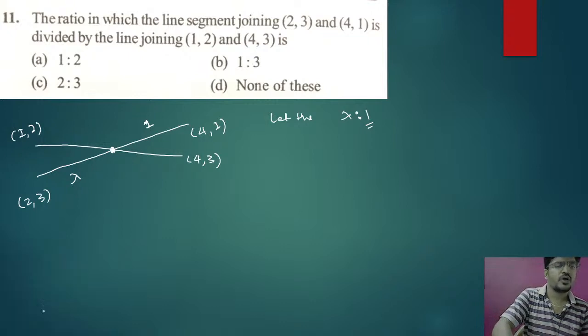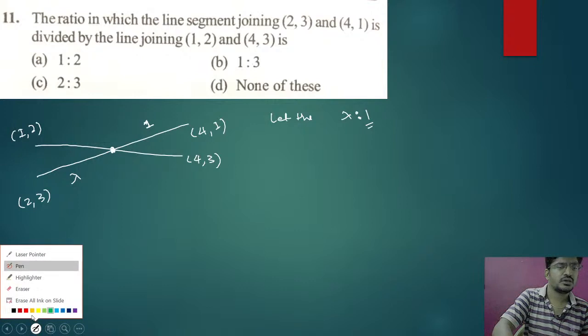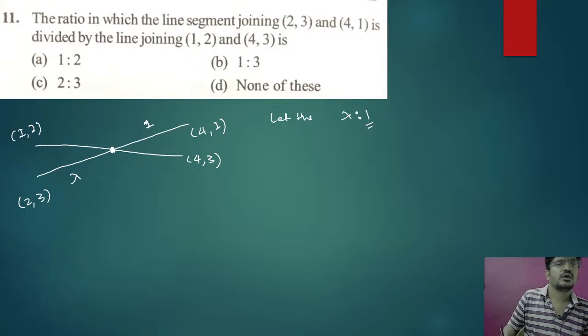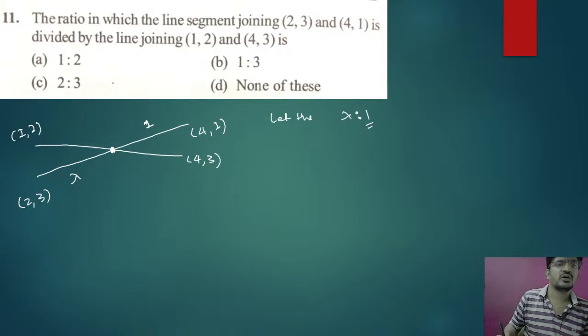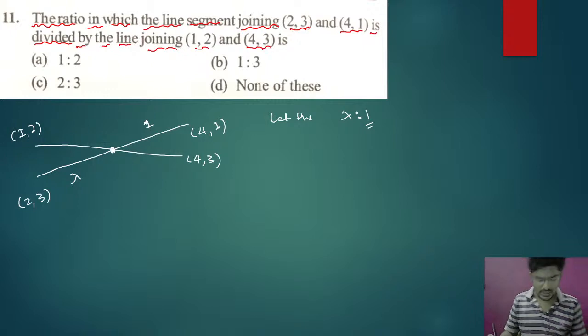That is the ratio in which the line segment joining 2, 3 and 4, 1 is divided by the line joining 1, 2 and 4, 3.